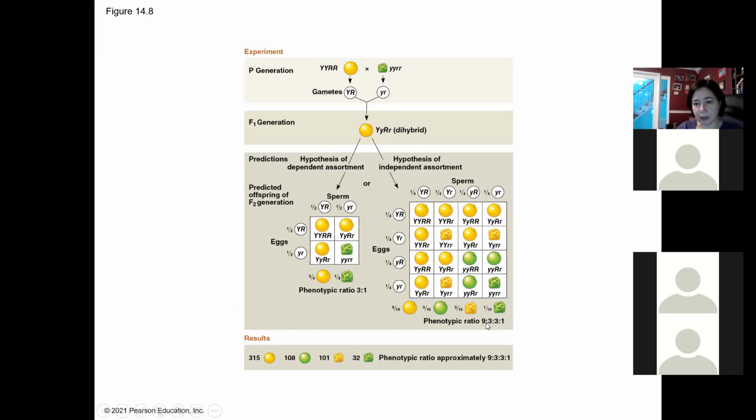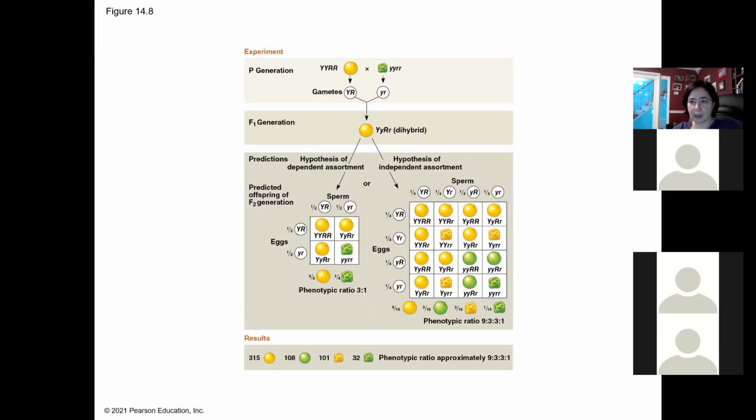And what he saw in the phenotype is pretty much the same. It's just, say, in a square, right? So the ratio was 9 to 3 to 3 to 1. So 9 display the dominant phenotype, to 3 and 3, which is kind of intermediate, and 1 is recessive, right?